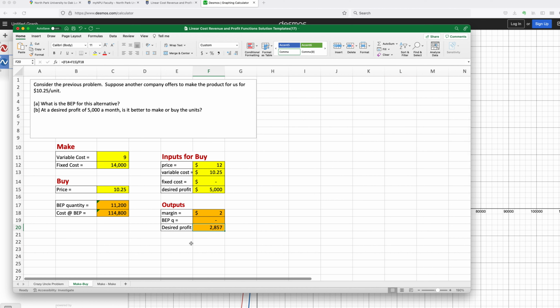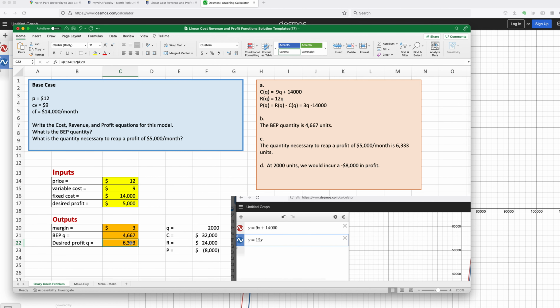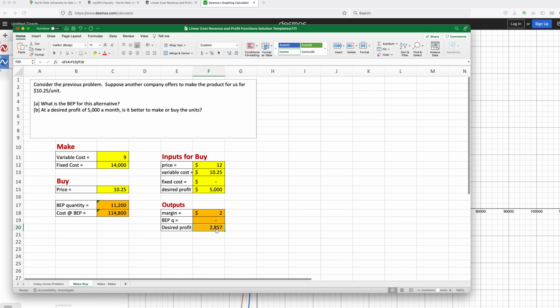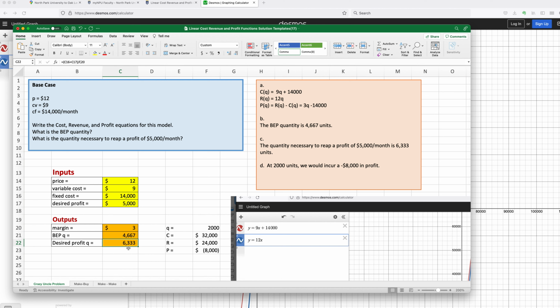It's better for me to buy the product. Again, any quantity less than 11,000 is more economical for me to buy them. And certainly 4,000 or 6,333 is less than 11,000. So even in this case, it's more economical. I can achieve my $5,000 profit per month by only selling 2,857 of them versus selling 6,333.